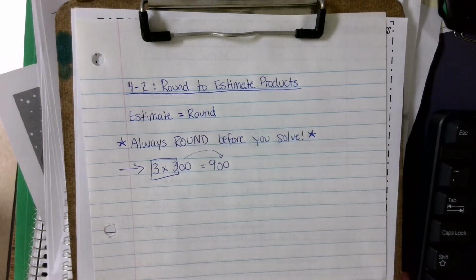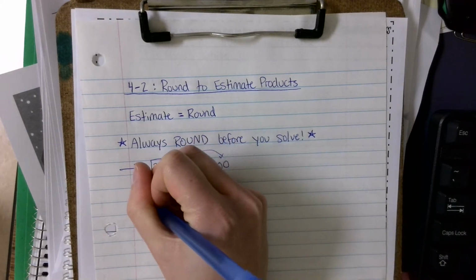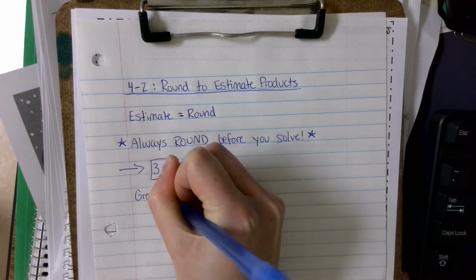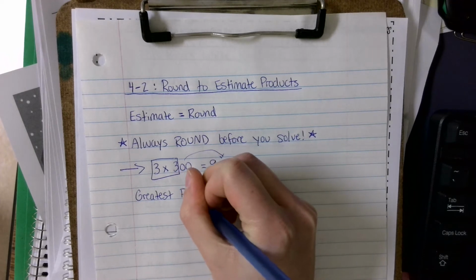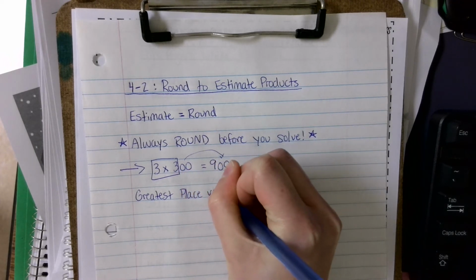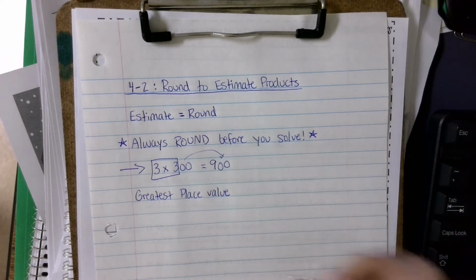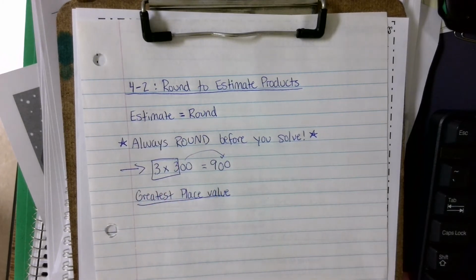That means that we have to round to what's called the greatest place value. This is the part that you need to write down. Greatest place value is very important whenever we are going through rounding now. So we're not going to say round to the tens place, round to the hundreds place, round to the 10,000s place.